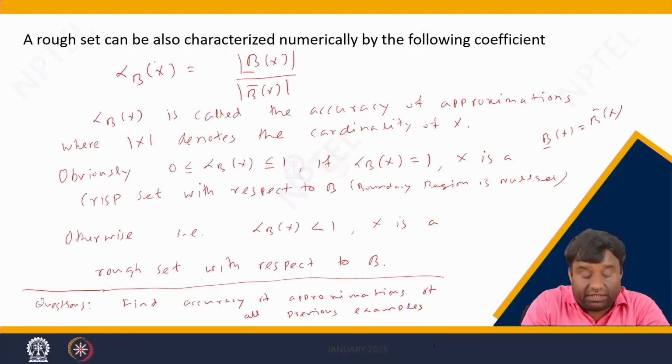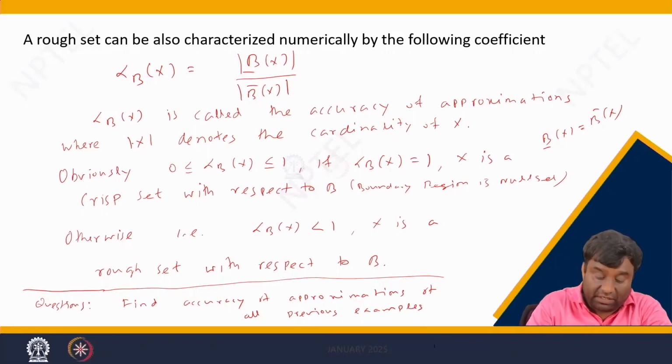So here a rough set can also be characterized numerically by the following coefficient: alpha_B(X) equals the cardinal number of the lower approximation of X divided by the cardinal number of the upper approximation. Alpha_B(X) is called the accuracy of approximation, where this denotes the cardinality of X. Obviously, alpha_B(X) belongs to 0 to 1.